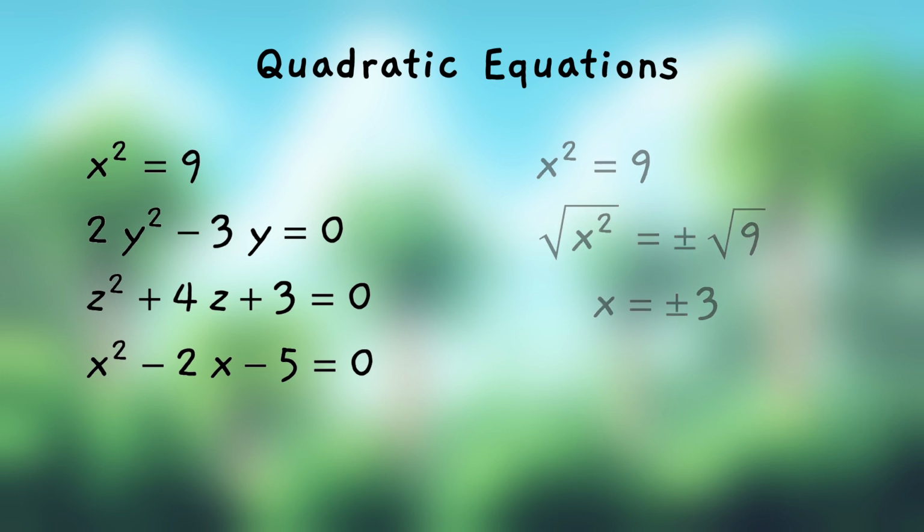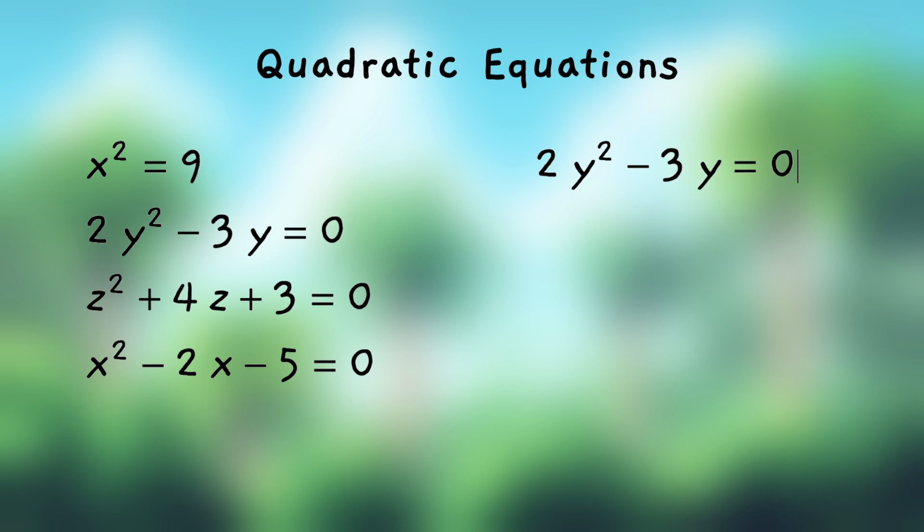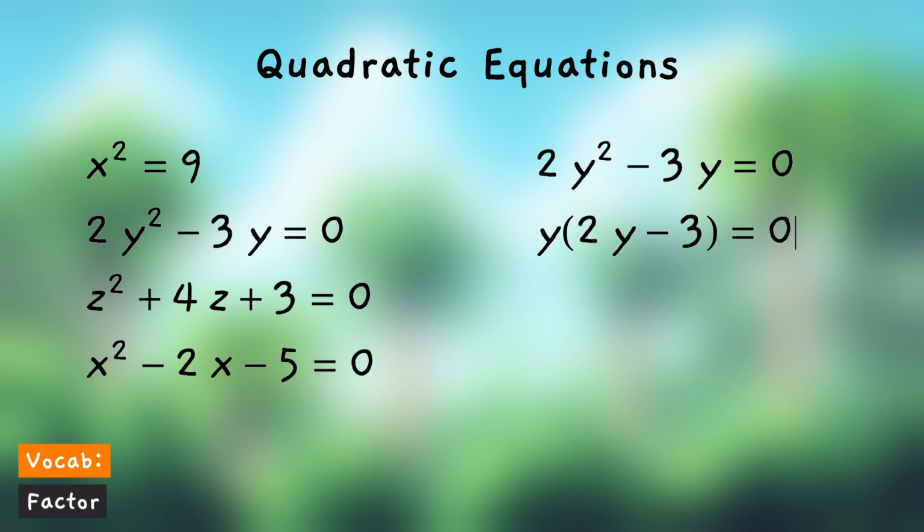Let's look at the second equation. 2y squared minus 3y equals 0. In this case, you're going to use a different approach. The radical approach won't quite work. In future lessons, you'll see why that doesn't work here. But it turns out you can factor the left-hand side. And the importance of factoring is, on the left-hand side, we have a product of two terms. Y is the first term, and 2y minus 3 is the second term.